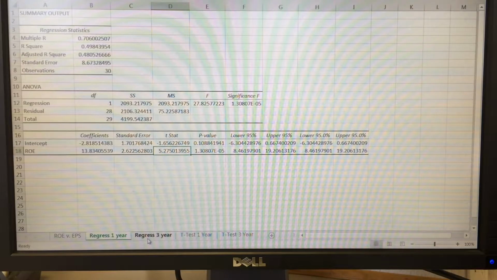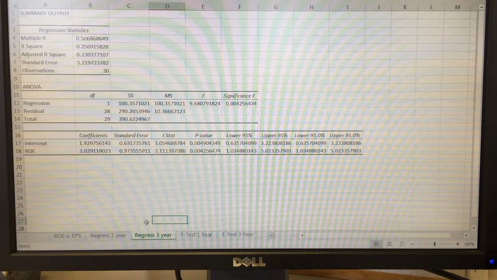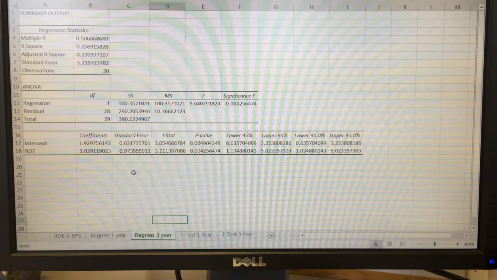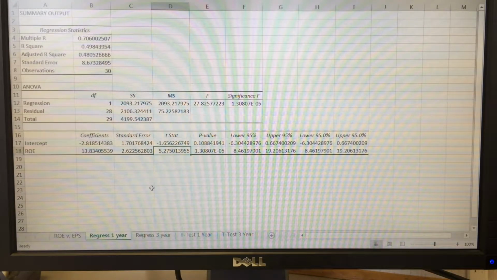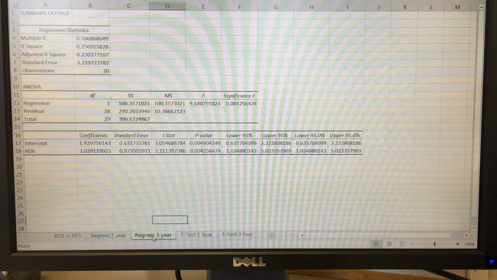So I went on and did the regression for the 3-year average, and while it's not as high, the T-stat is a 3.11, not as high as the 5.27, and we also see that the p-value is 0.004, lower than the 0.01 that we would expect.